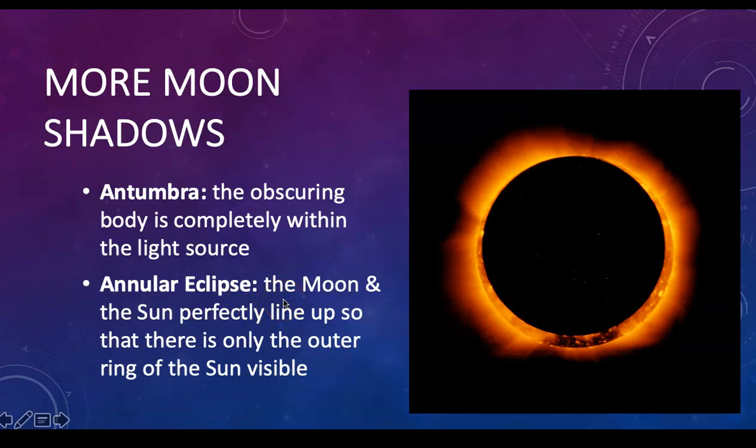Annular eclipse, which is what we're seeing a picture of here. And we're seeing an antumbra. Remember, we had umbra and penumbra. Well, this is antumbra. Ante is as in antechamber, in the front of. Antecedent. Ante means in front of. Anyhow, it's got to be darn near perfect for this to line up. So very, very cool.